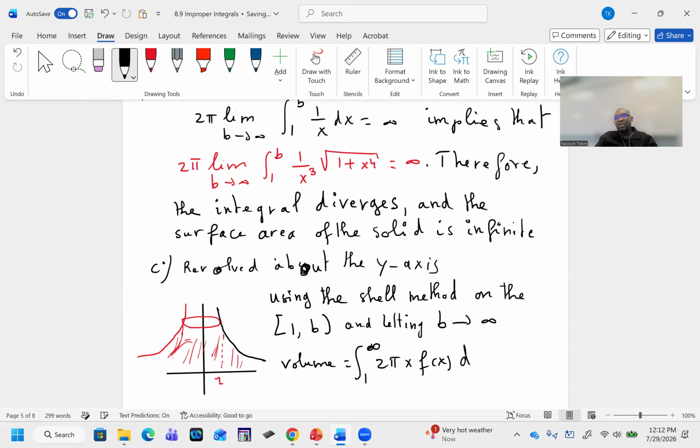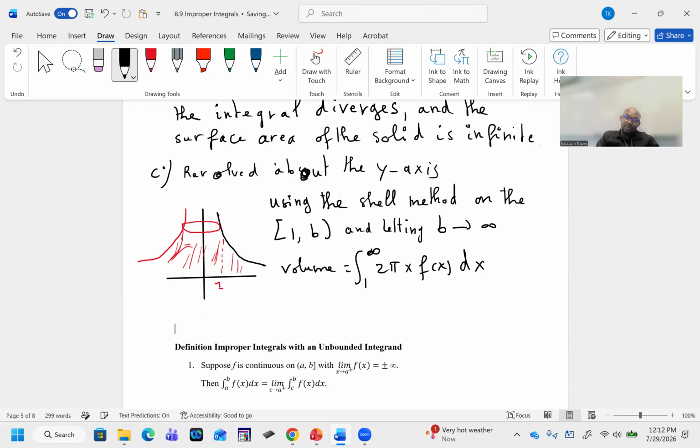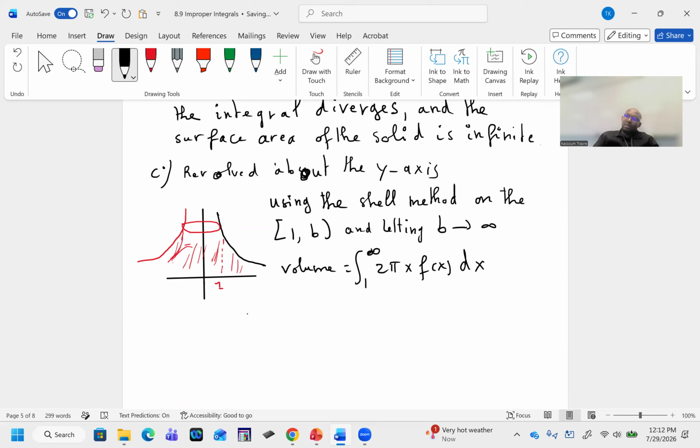That's the shell method, right? And then what is our f of x? Our f of x is 1 divided by x. 2 pi is a constant, so it will be 2 pi, the integral from 1 to infinity, x times 1 divided by x dx. So which is 2 pi, 1 to infinity, 1 dx, right?